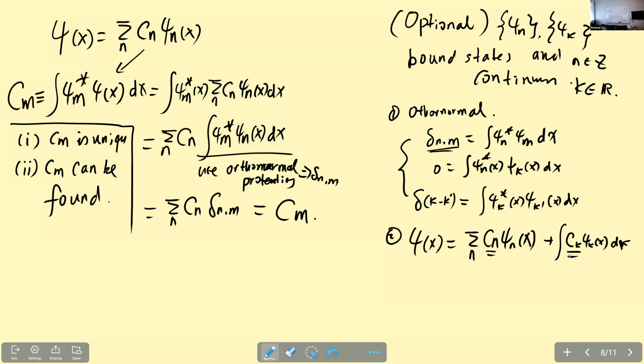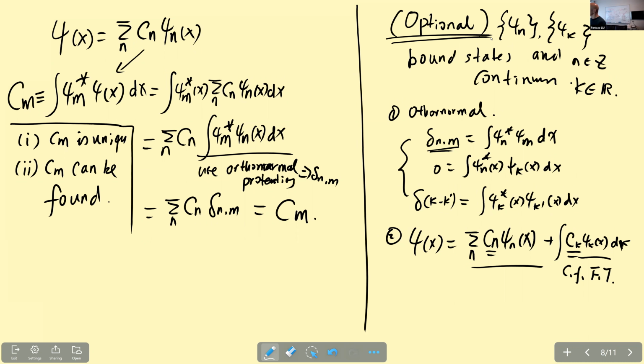You can see that this is very similar to the Fourier transform, so you can compare it to the Fourier transform. This one is just the expansion of the discrete states. But this part is optional. You don't need to know it, but to be complete, you can just have this. So this is for the bound states and for the continuous states.